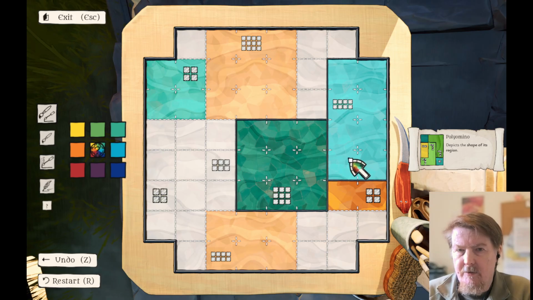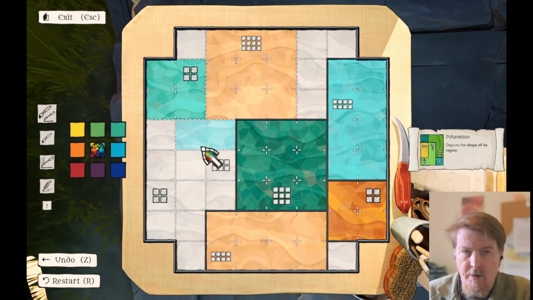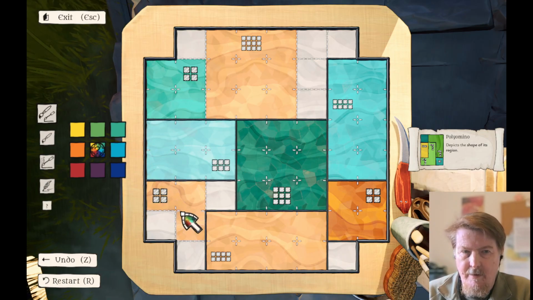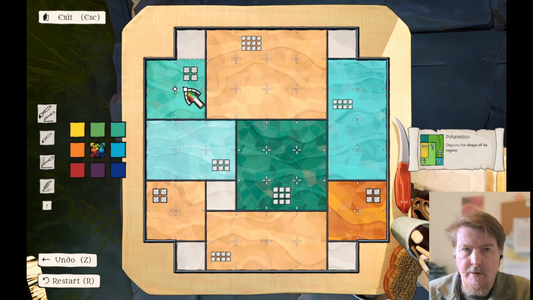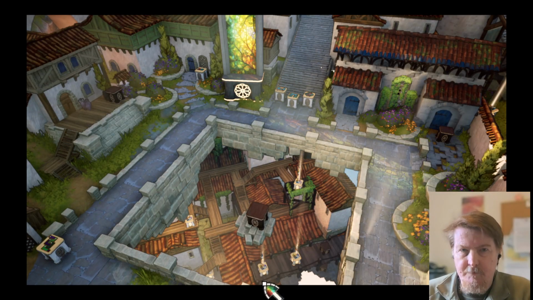That can only fit there. Okay. Maybe still polyomino.